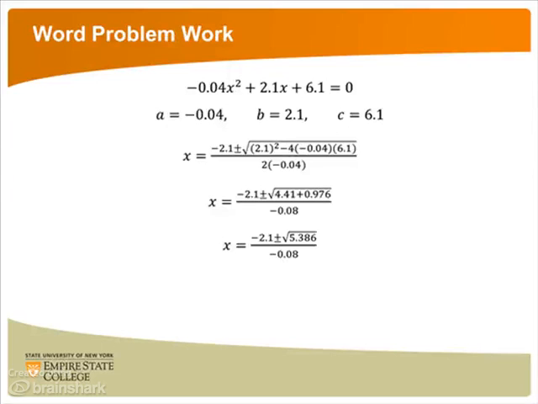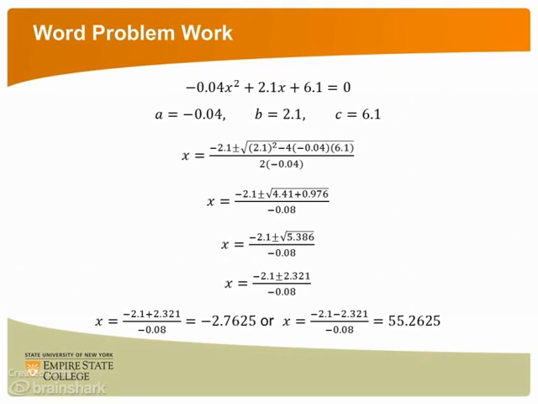Combine the quantities under the radical. Take the square root. Now we split the equation into its plus and minus options and simplify.